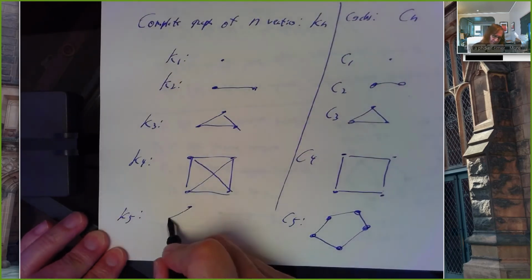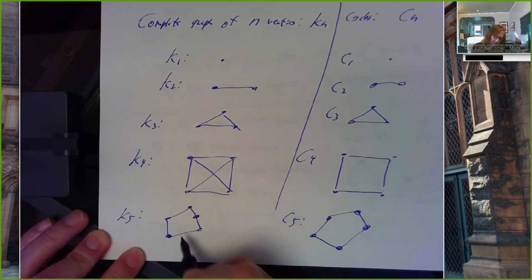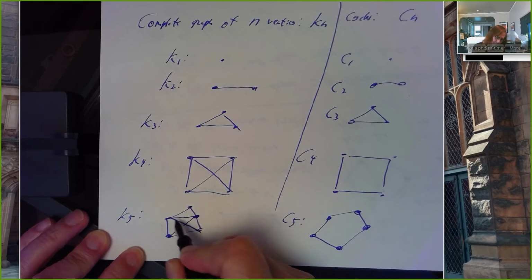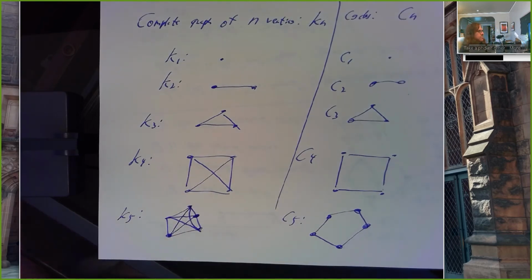K5 would be, I probably missed some. Yeah, there we go. These are undirected graphs, but you could envision directed versions of them. But for these, they're just undirected.